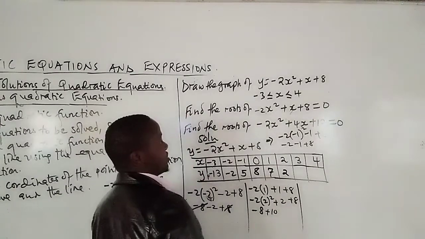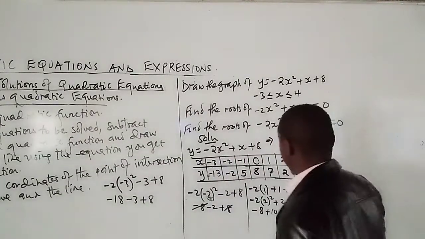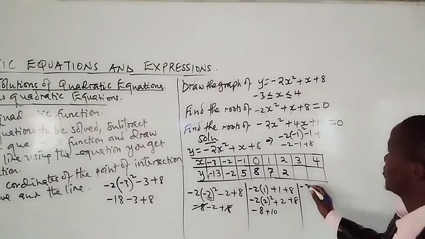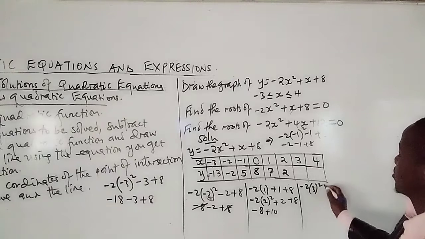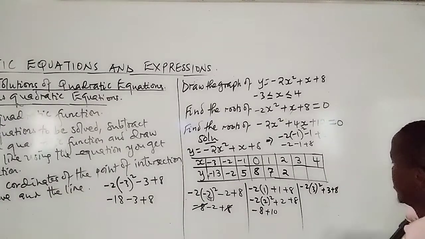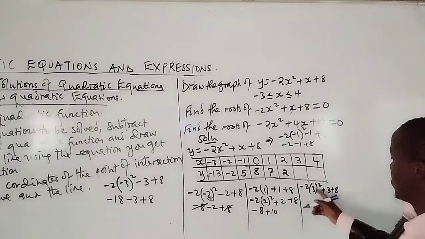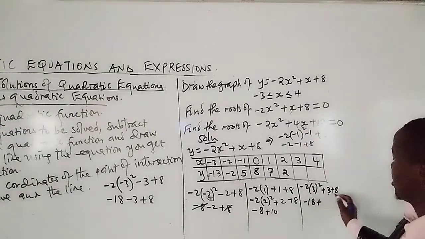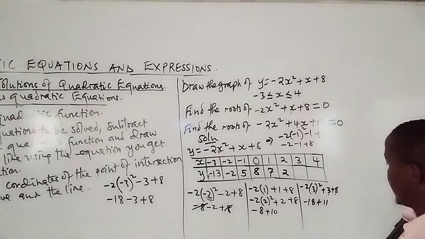When x is 3, we shall have negative 2 into 3 squared plus 3 plus 8. And this becomes positive 9, so negative 18 plus this is 11. We get negative 7.